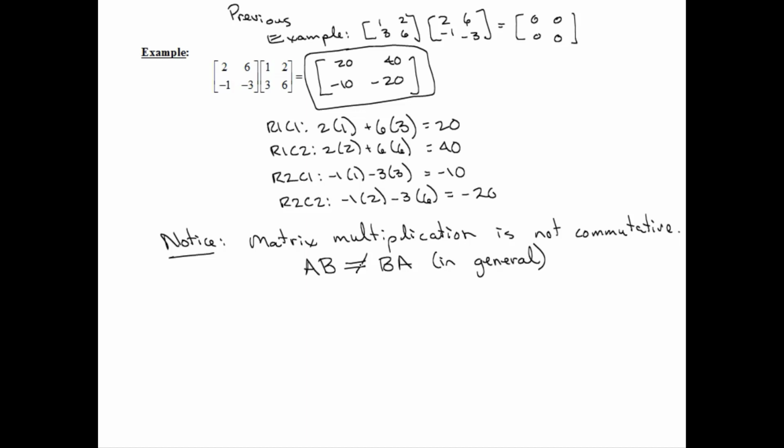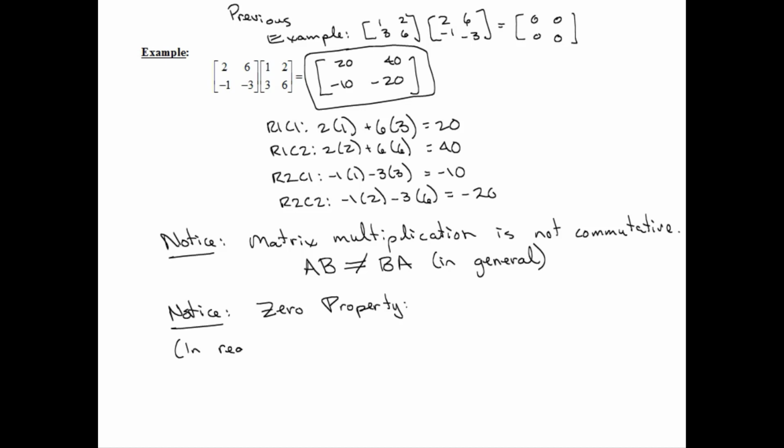Okay, another thing we should notice from not so much this example, but the previous one, the zero property does not hold. What do we mean by the zero property?